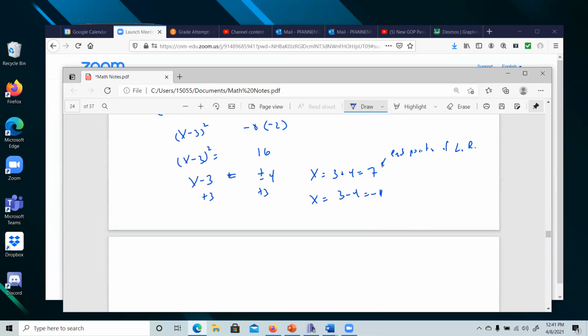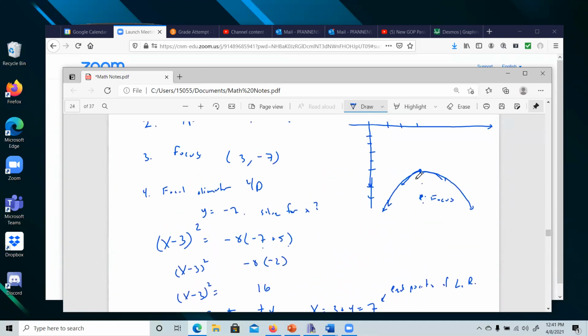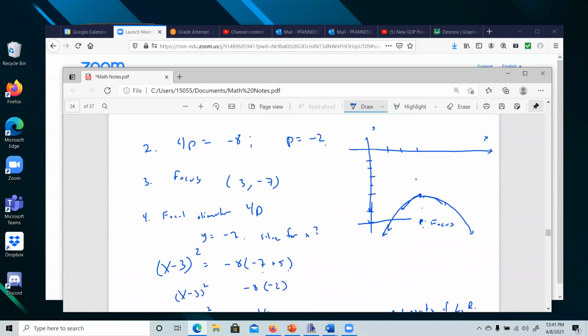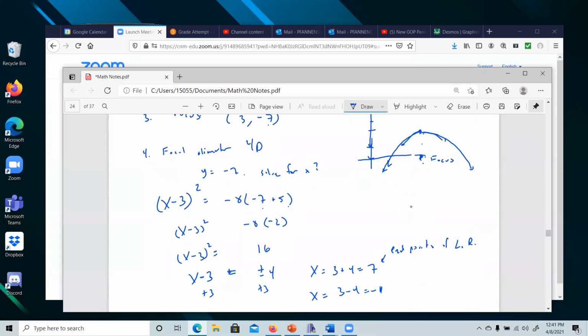Okay. So that's going to be at the line that runs to the focus. So y is -7. So my values here are going to be 7, -5, right? And -1. So I drew this terribly, okay?